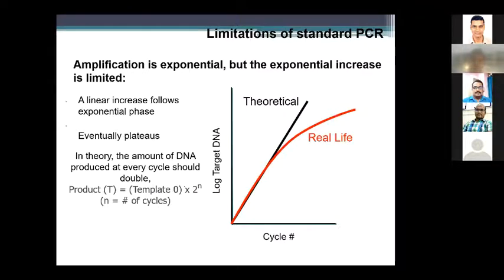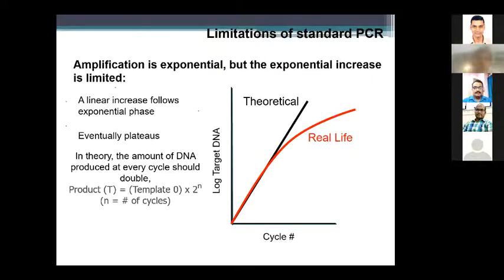So in normal PCR, considering the limitation of standard PCR from the result analysis point of view, theoretically we think the amplification is exponential, but the exponential increase is limited.